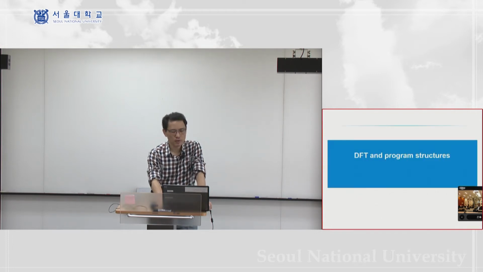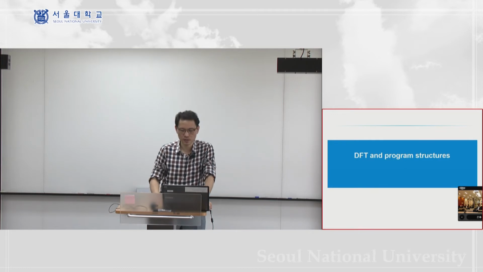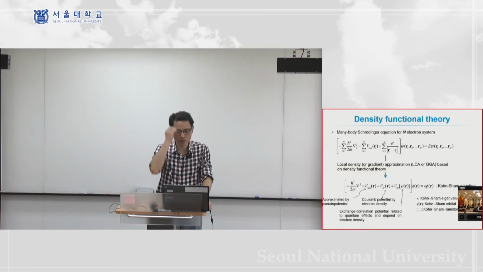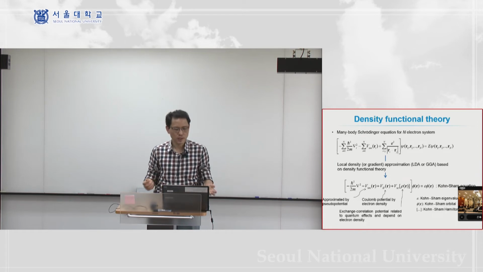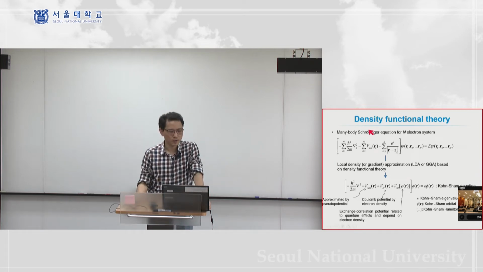All right, so I think I have pretty much discussed some of the key technical concepts in the calculations. We will now overview the general program structure. Density functional theory starts from the many-body Schrödinger equation.